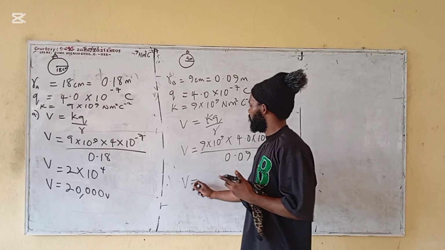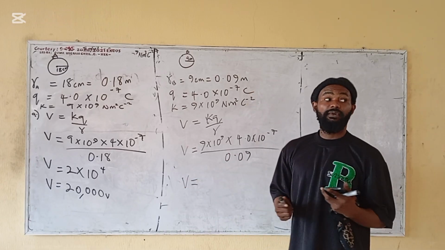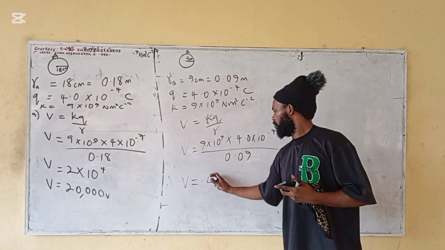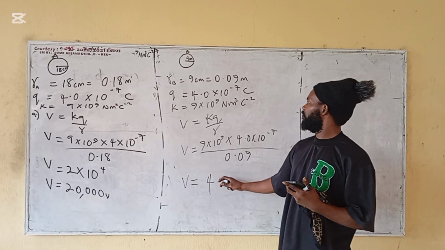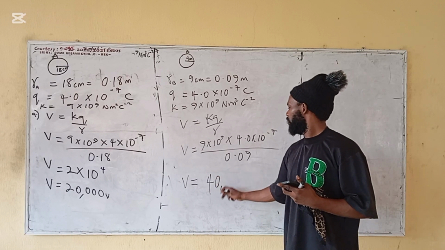What do you have? 40,000. Wow, 40,000. Yes, half of 18 is 9.